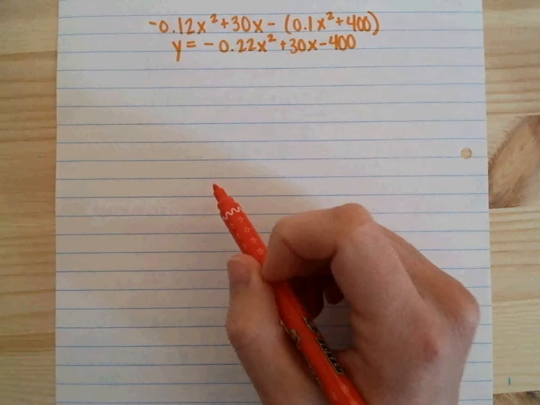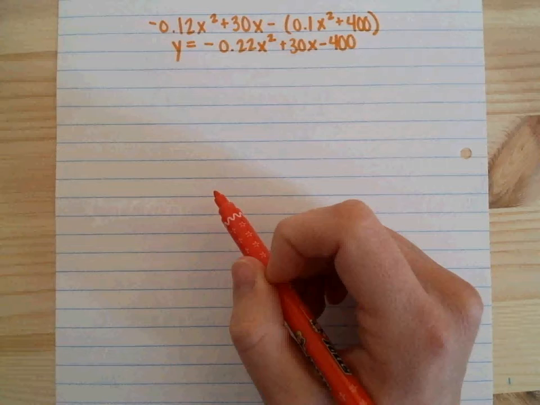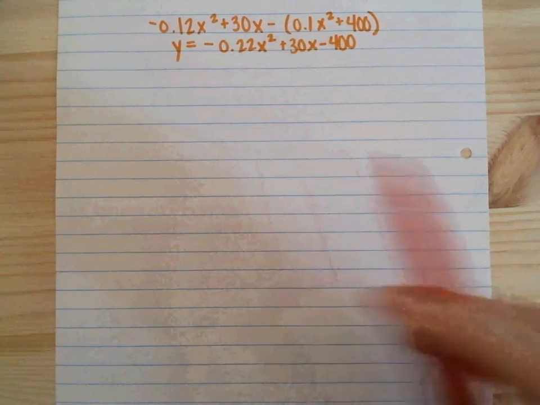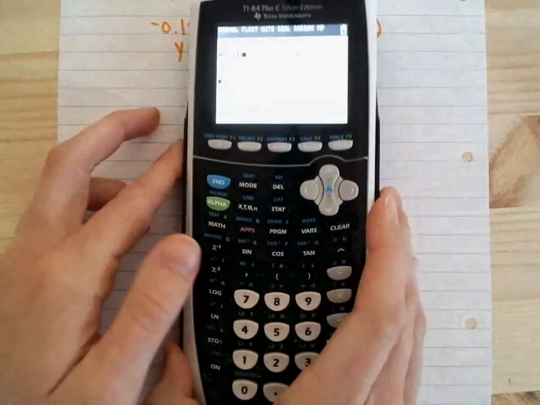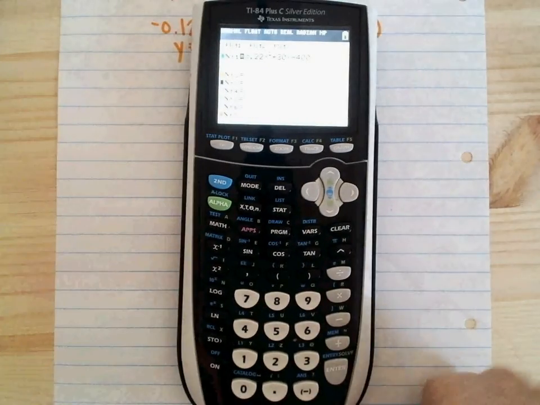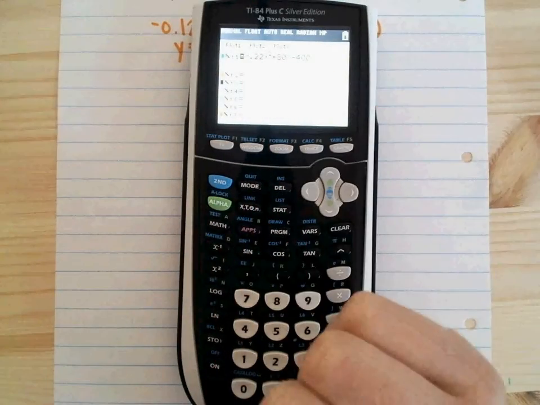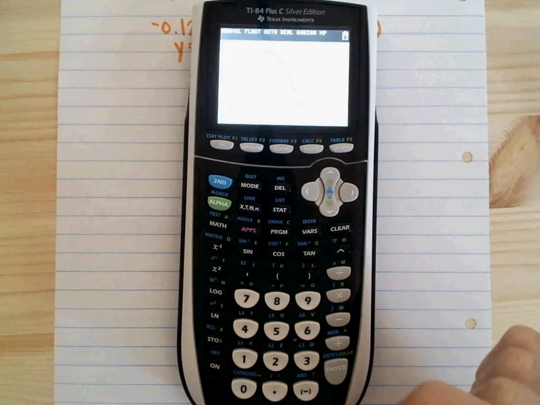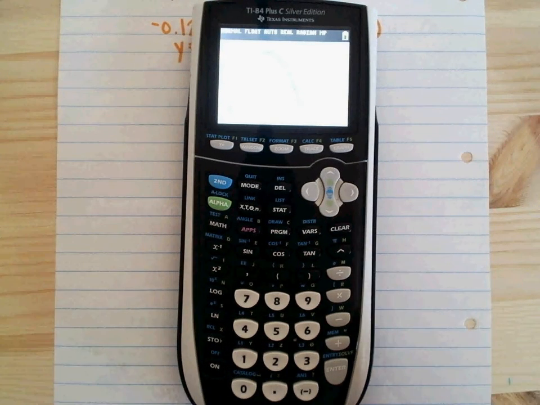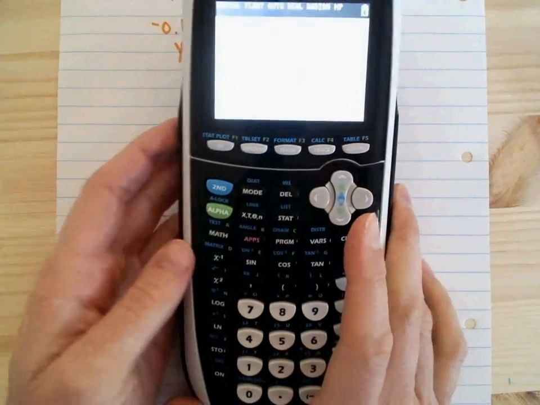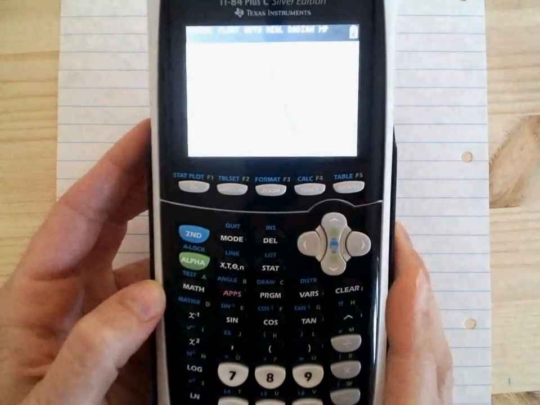Now I need to plot this equation, sketch it on graph paper, show the coordinates of the vertex and the axes intercepts. So on the graphing calculator, I have already typed in the equation that we just found, and I'm going to graph it. If you can see, there is a curve on my graphing calculator.